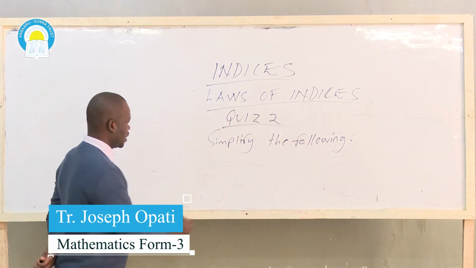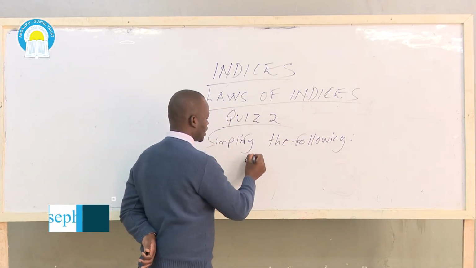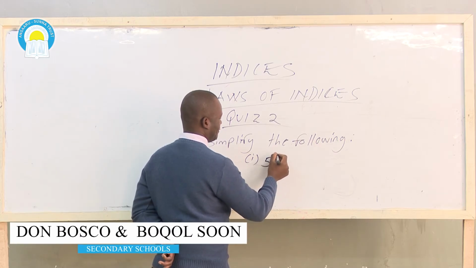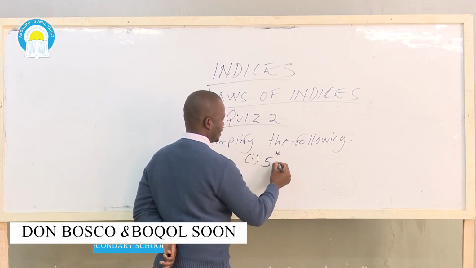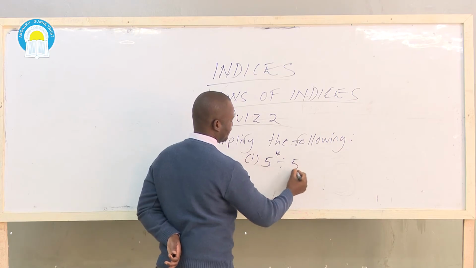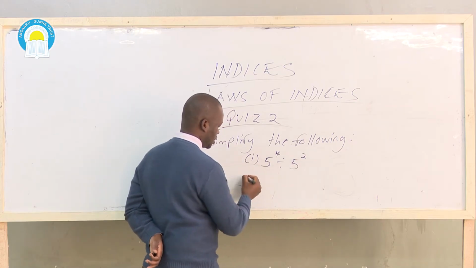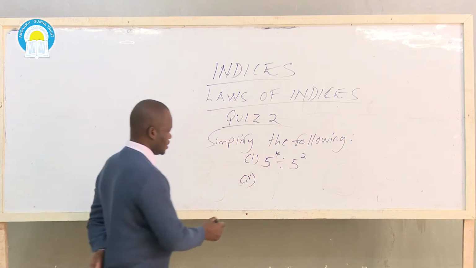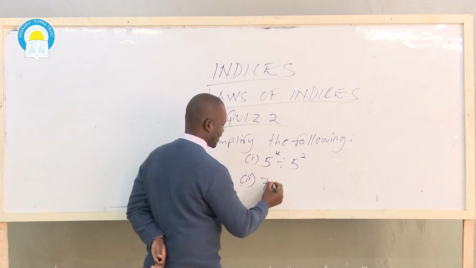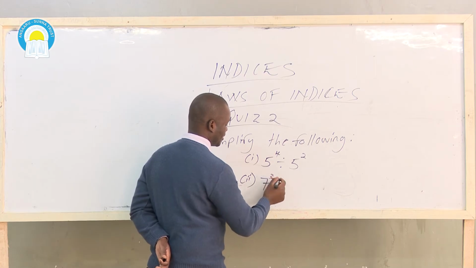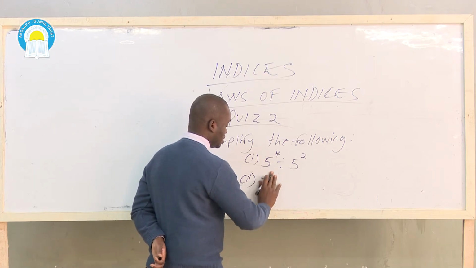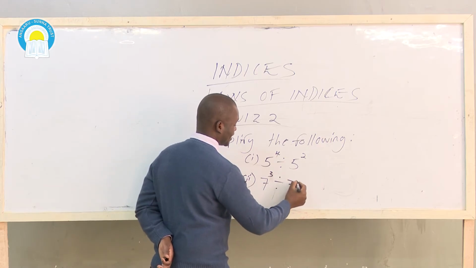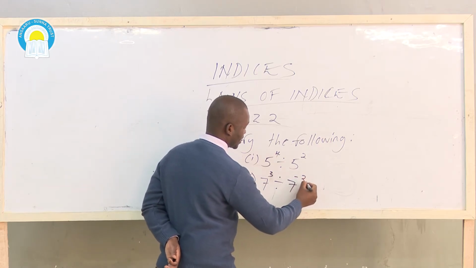So we'll have Roman 1. Let's have 5 power 4 divided by 5 power 2. And Roman 2, let us have maybe 7 power 3 divided by 7 power negative 2.